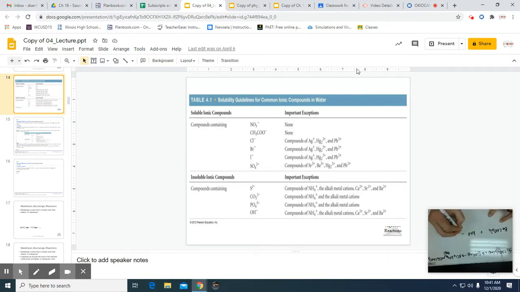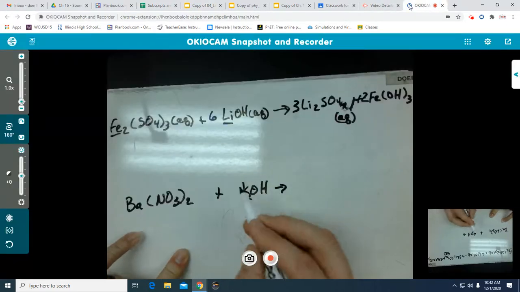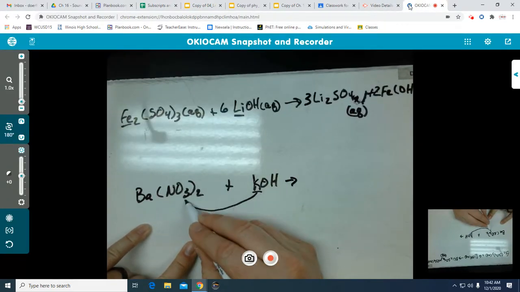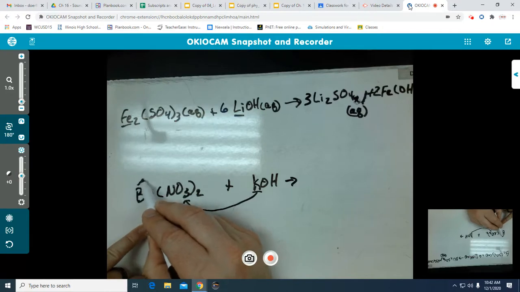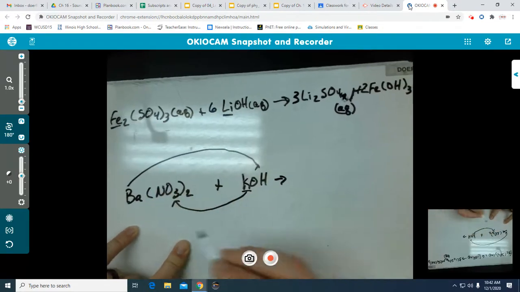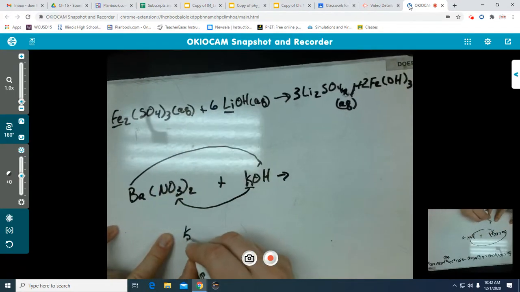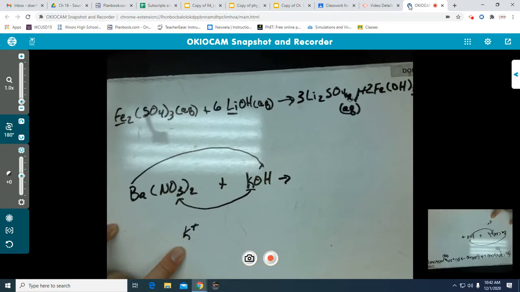All right, so again, they're going to do-si-do. Potassium's going to go with nitrate. Barium is going to go with hydroxide. So potassium is a +1. Nitrate is a -1.